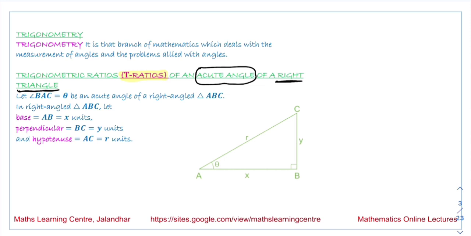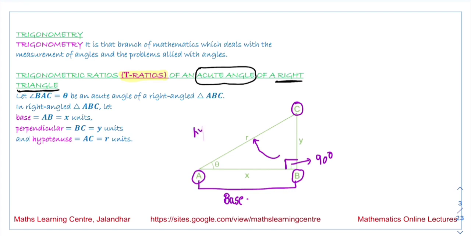So first of all, we define some terms related to this triangle. We are saying the triangle ABC is given to us. This AB is called the base. This angle at B is 90 degrees.